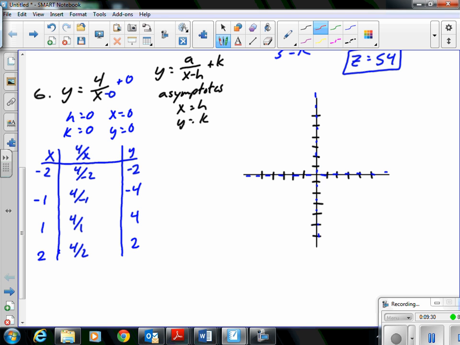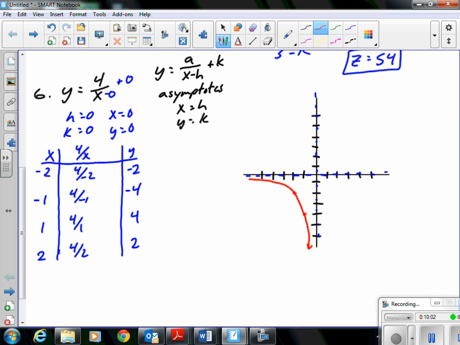So when we go to graph it, we got the point -2, -2 there, and -1, -4 there. So we go from the asymptote through the points, and then curve off at the other asymptote. So we got the graph that looks something like that on that side.